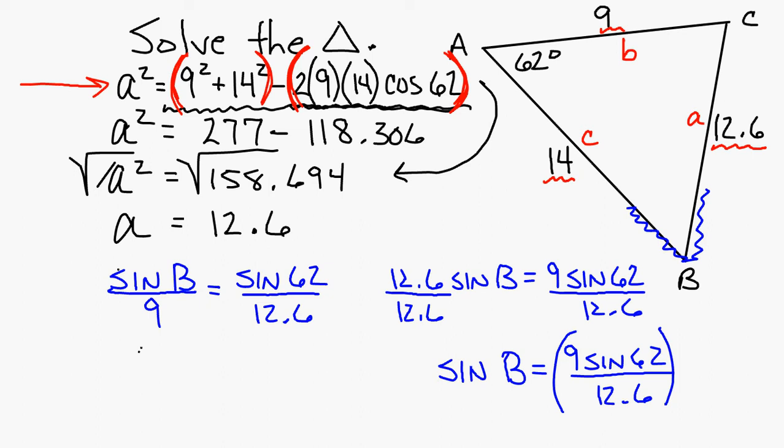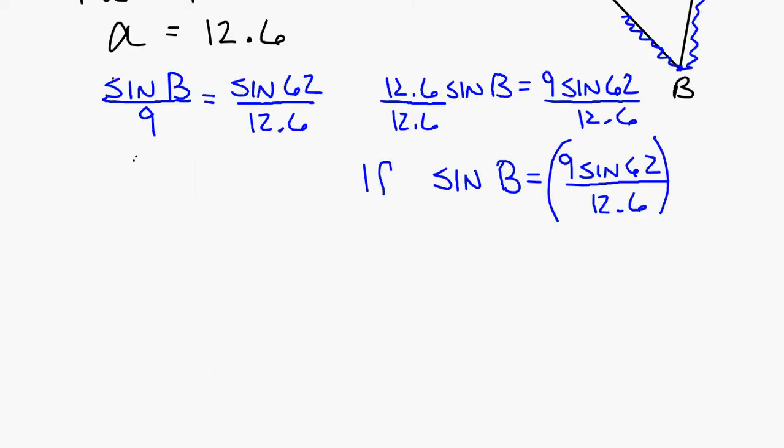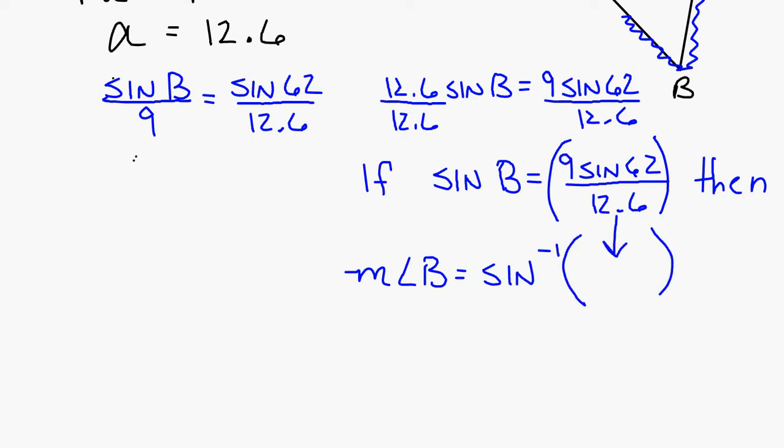So technically you can save yourself a bunch of time here. We did this last week: if the sine of B is equal to this, then the measure of angle B is equal to sine inverse of all this. So you can save yourself a lot of time.